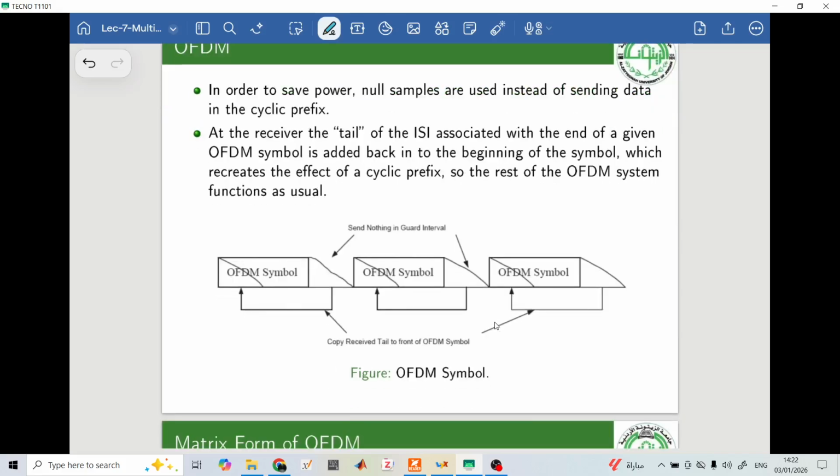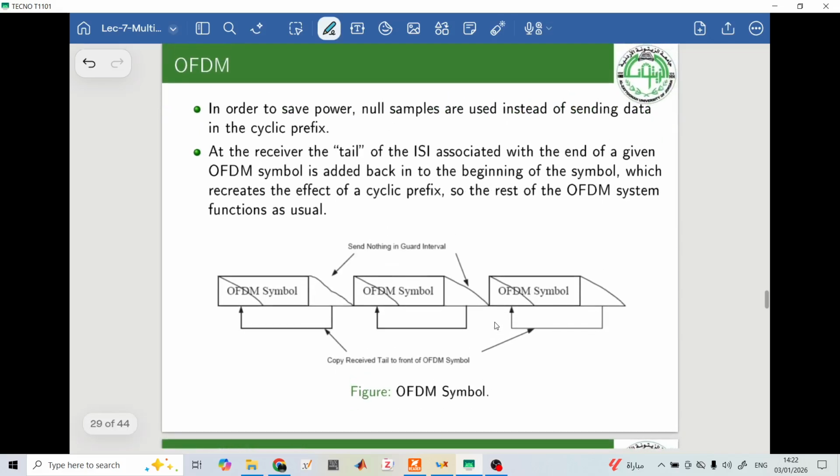So in order to save power, the null samples are used instead of sending data in the cyclic prefix. So the tail of the previous pulse will be added back in the beginning of the symbol. This will create the effect of the cyclic prefix, but in a more efficient manner.